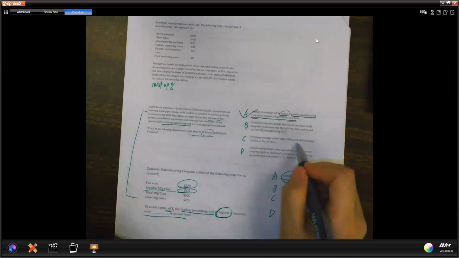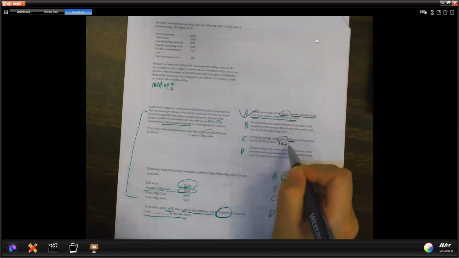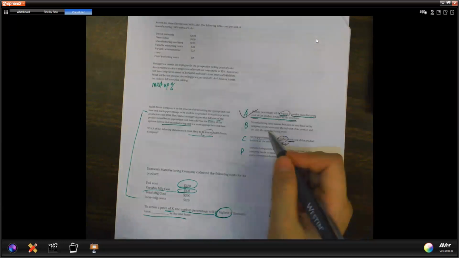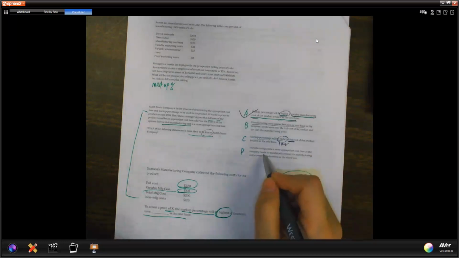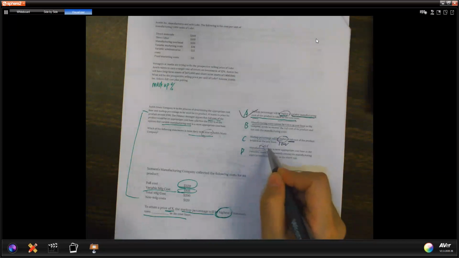So if you use the full cost, then markup will be low. And then you can use manufacturing cost as the base, but in reality, most people use the full cost as the base because it's easier to calculate, more stable, and it also reflects your full cost.